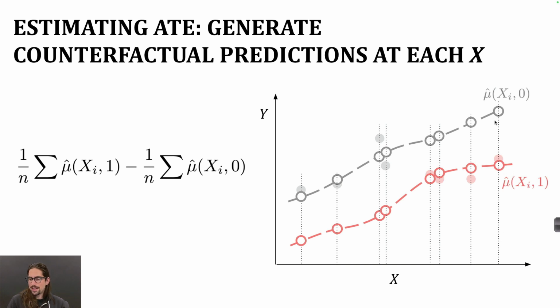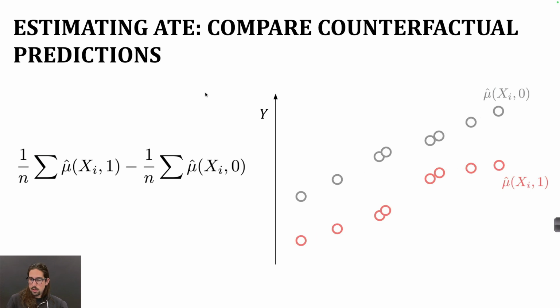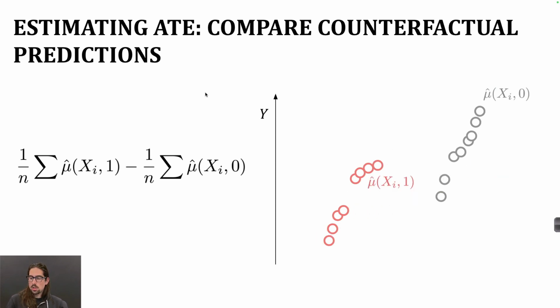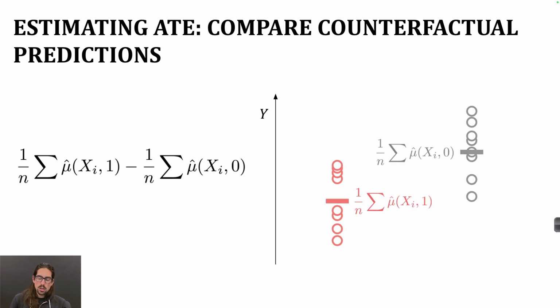If I took this person and I didn't treat them, what would have happened? For each person, I'm going to generate those 2 counterfactual predictions. And then I will compare them. So now I can just move those all over and look at the average of the counterfactual predictions for this group and the average over here. And that is our estimate of the treatment effect.